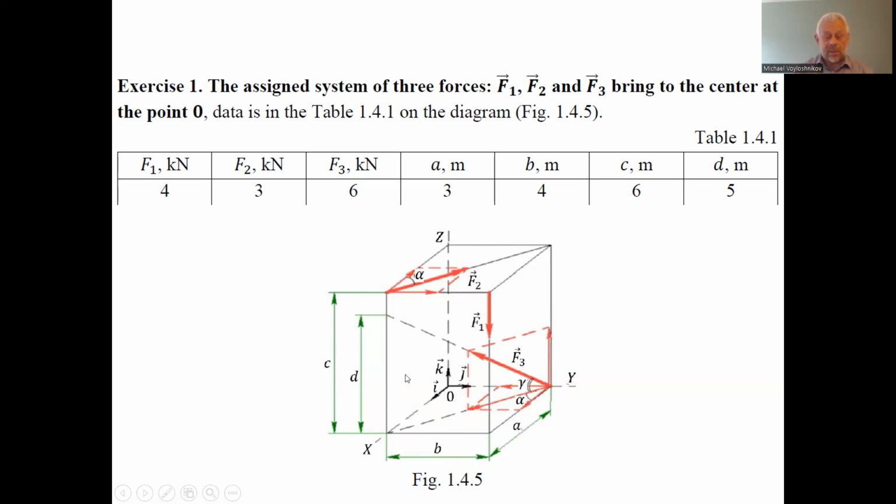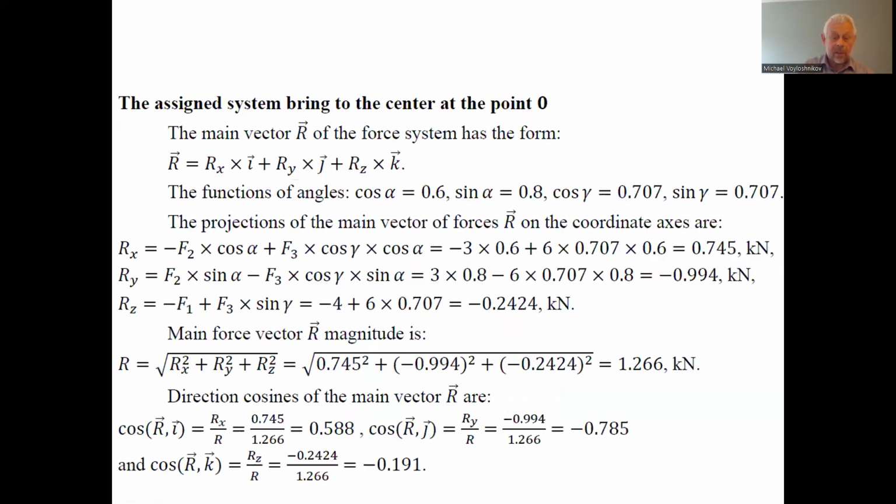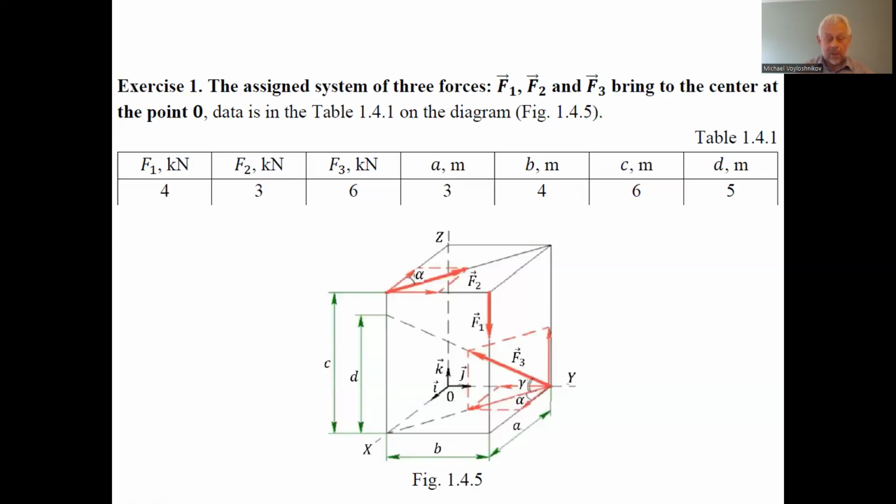To decide this assignment, first it's very logical to find the cosines of the angles alpha, gamma. To determine the cosine of this angle, we must first find the distance, so we have to consider the right angle triangles.